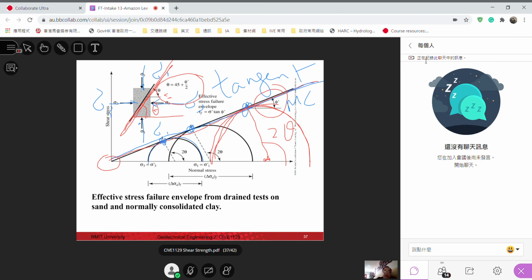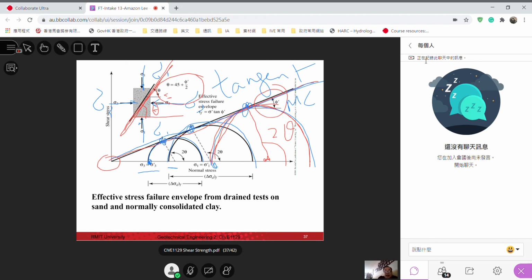This is the half of the Mohr circle at the initial confining pressure. This is another half Mohr circle at a higher confining pressure, and this is the final Mohr circle. Initially sigma 1 is equal to sigma 3, equal to the confining pressure, so it's just a point.